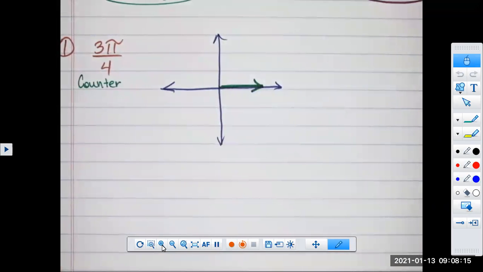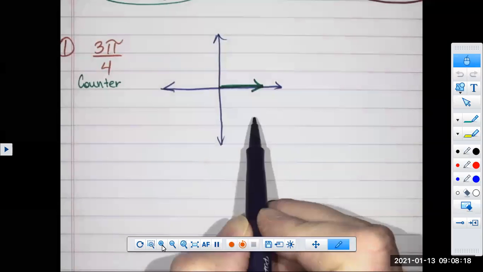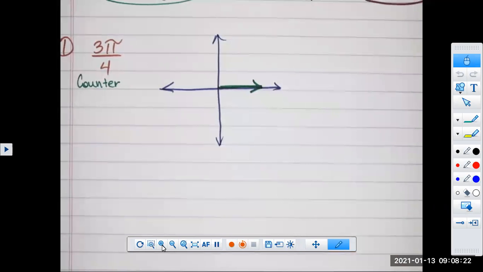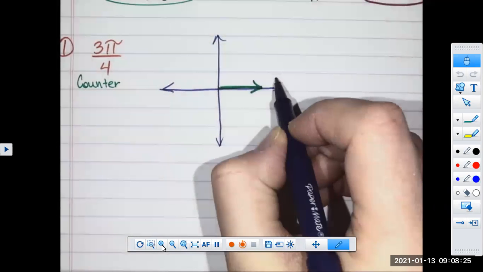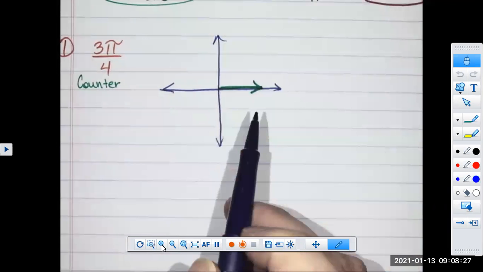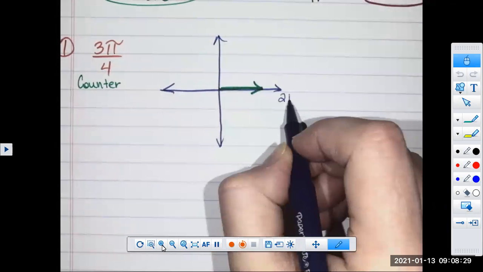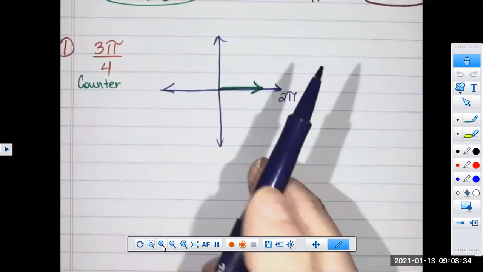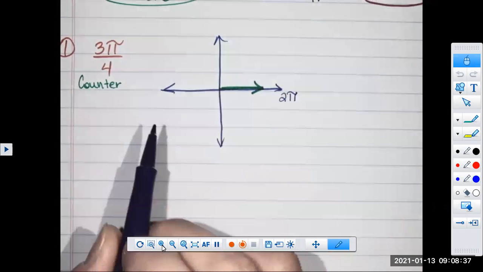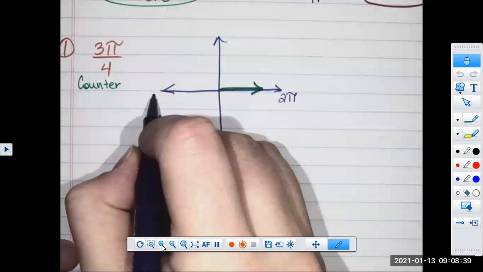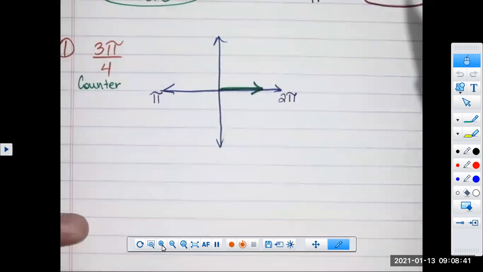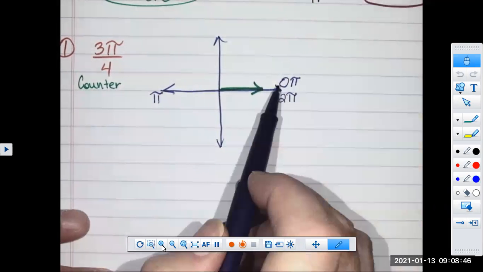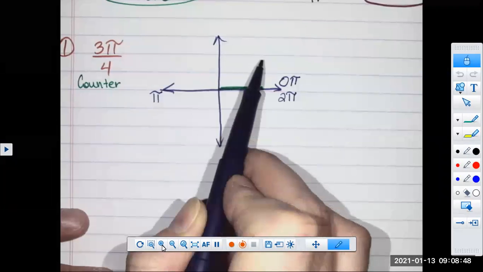To help you work in terms of radians, a full rotation in radians would be what? Good. You're starting at 0 radians. If you go all the way around, this is 2 pi radians. If I rotate halfway, that's just pi. And if I rotate 1/4 of the way, what is that?